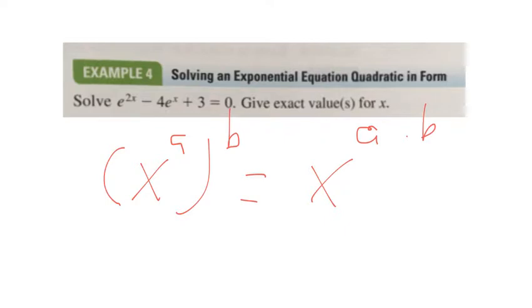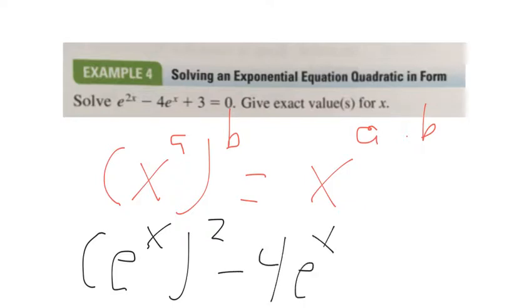So since for the first term we're multiplying the 2 and the x, we could rewrite that as one exponent being raised to the other. We could rewrite that as e to a power of x raised again to the second, because x times 2 gives you 2x, minus 4 times e to the power of x plus 3 equals 0.